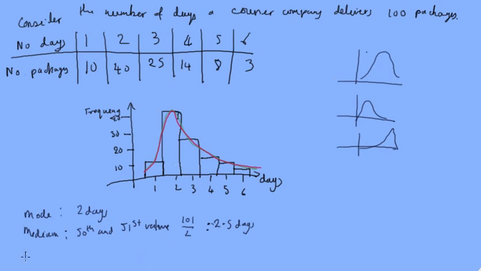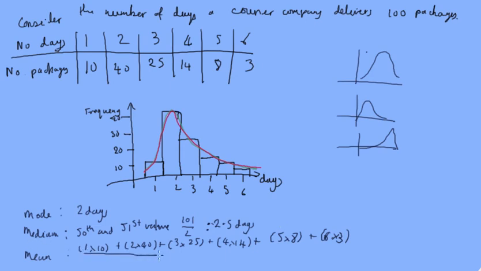And then the mean. Well, there's 1 for 10 days. There's 2 for 40. 3 for 25 days. 4 for 14 days. 5 for 8 days. 6 for 3 days. That's a terrible 6.